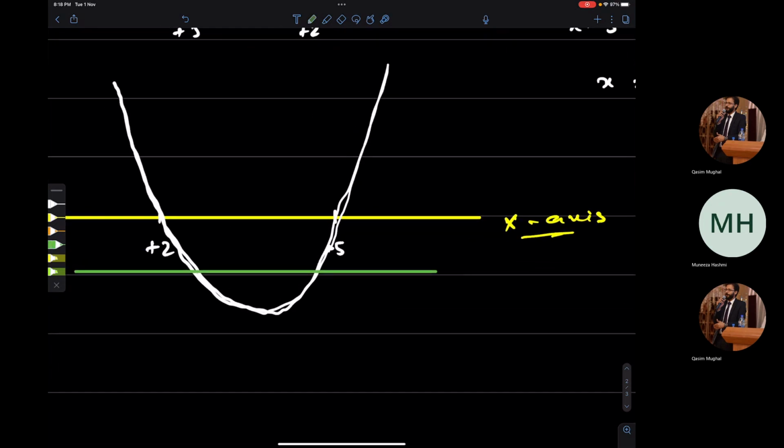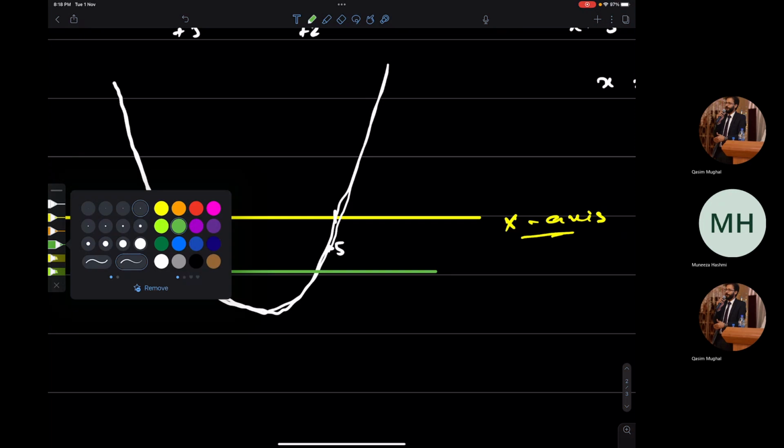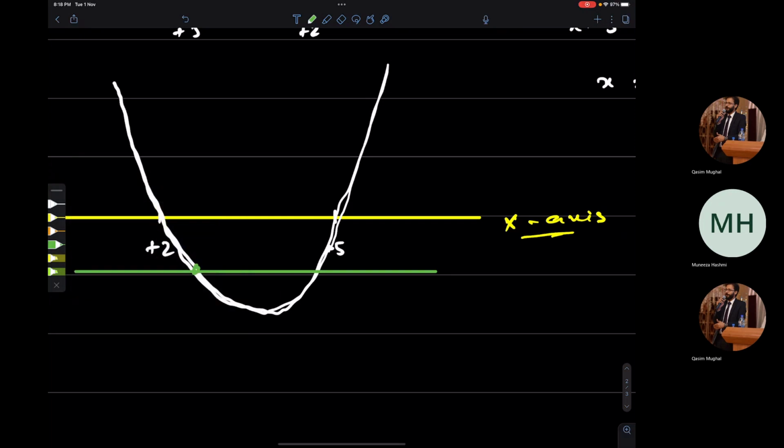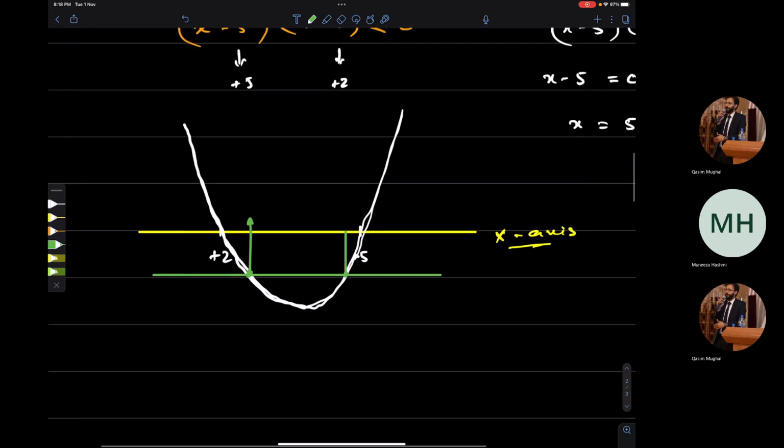Now this green line is intersecting over here, isn't it? Yes. And one over here. If you look at this point carefully, it is closer to positive 2, but whatever this number is, it's greater than positive 2, isn't it?